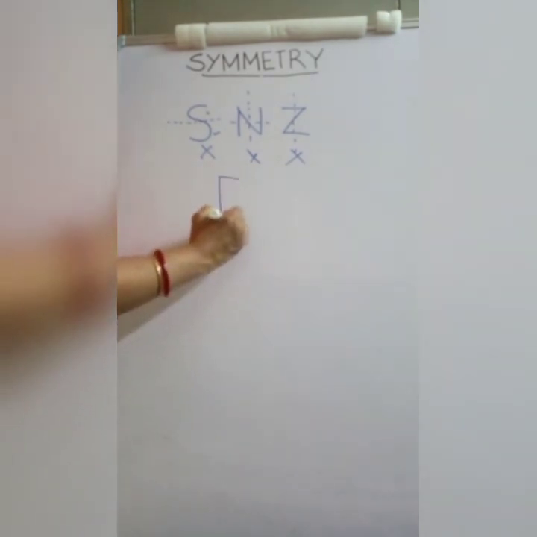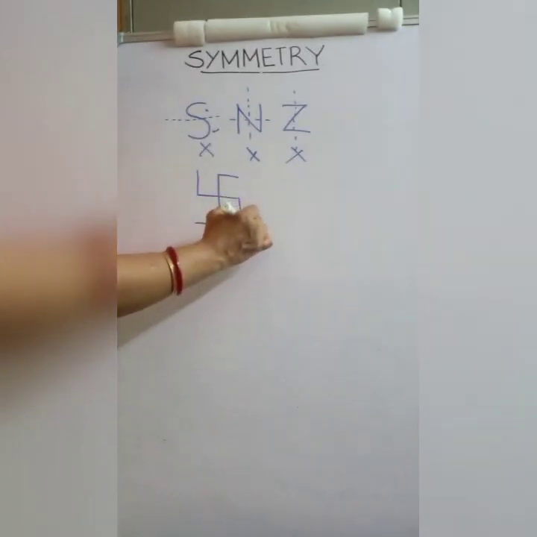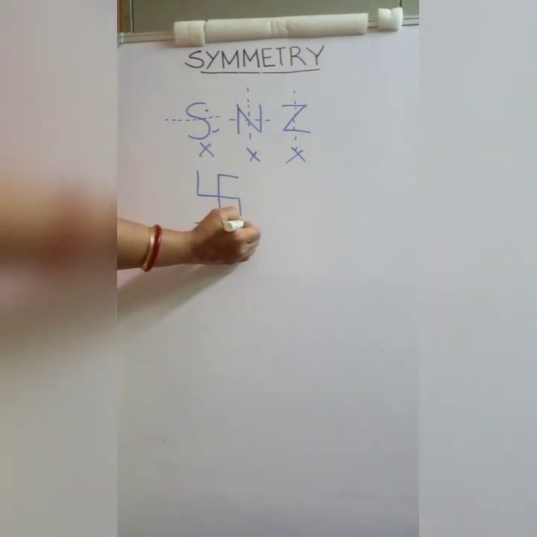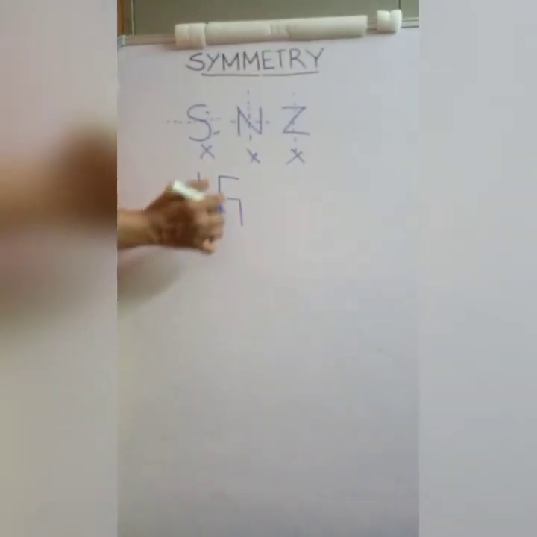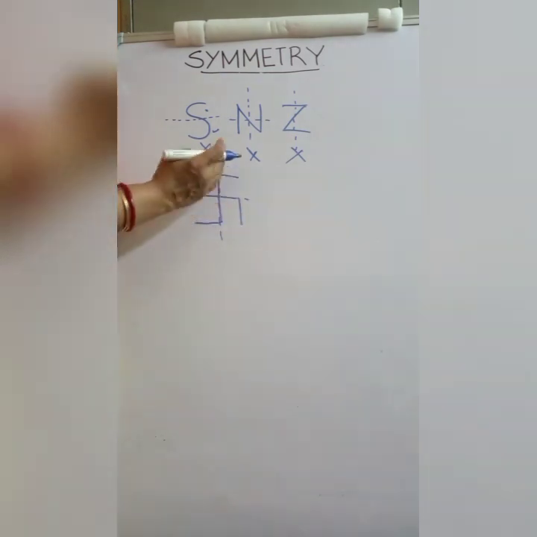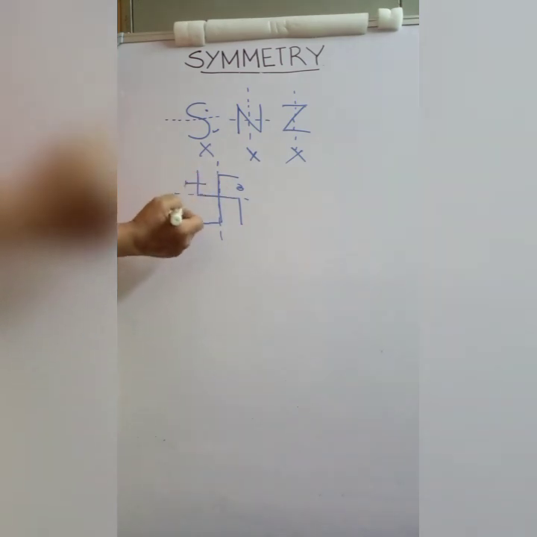Now tell me, do you think this figure has a line of symmetry? See, these look exactly the same, but when we try to draw any line of symmetry, if we fold it like this, this open part will come over here.